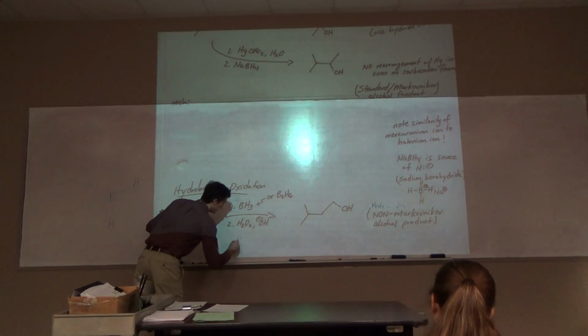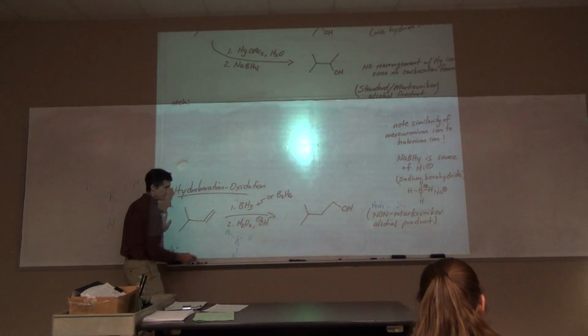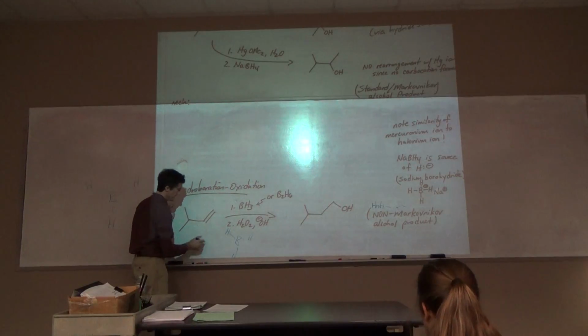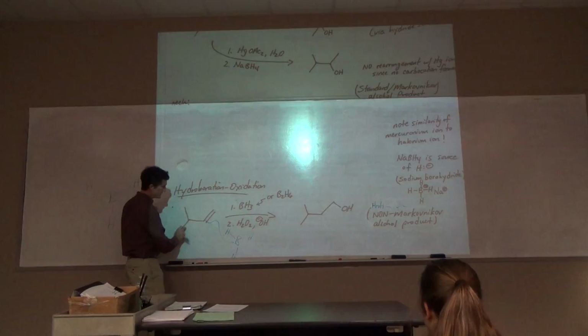I'm going to draw the BH3 here. You have to understand the reactivity here. Even though there's no charge, it's still electrophilic. These electrons attack. Where are we going to leave the cation, top or bottom?